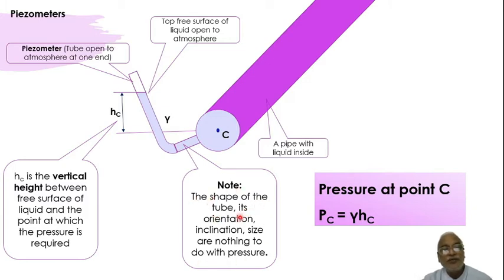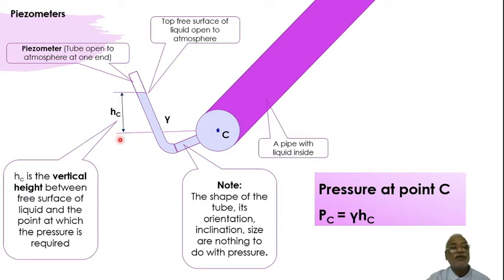The shape of the tube, orientation, inclination, size have nothing to do with the pressure. So what is the size, what is the material, what is the shape, all these things do not matter. What matters is the point C and the free surface. What is the vertical height difference? H is the vertical height difference between the free surface of the liquid and the point at which the pressure is required.